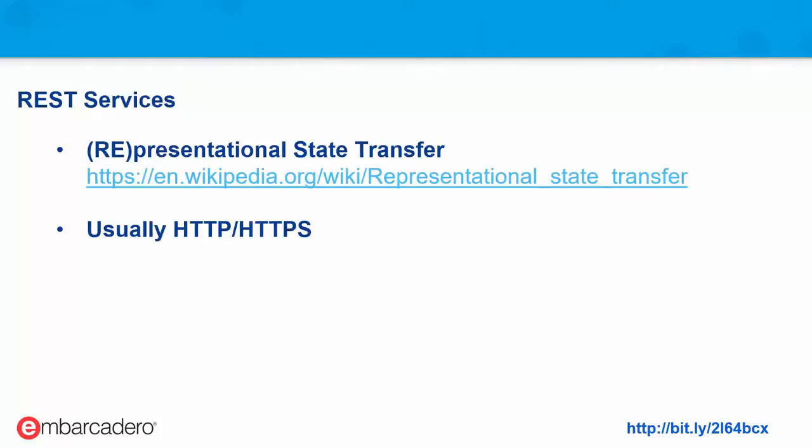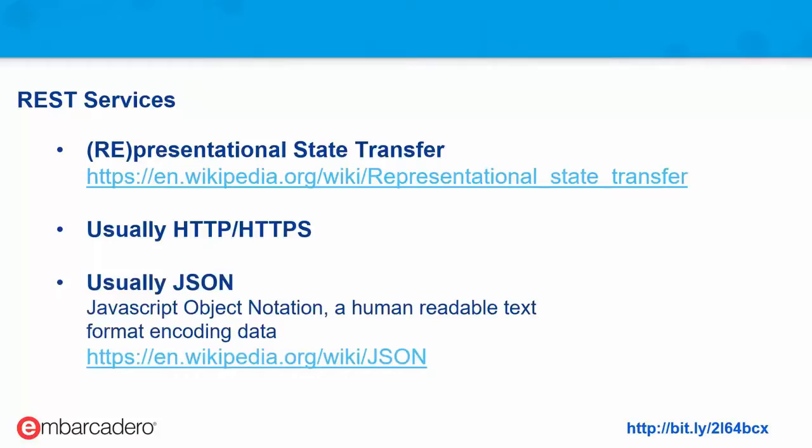Generally, if you hear someone describing a REST service, they're talking about a HTTP service, and they're probably also mentioning JSON, because usually JSON is used as, again, a de facto standard for REST services. JSON stands for JavaScript Object Notation and is a human-readable text format for encoding data. This forms the data transport protocol between a client and a server in a REST-based service architecture.